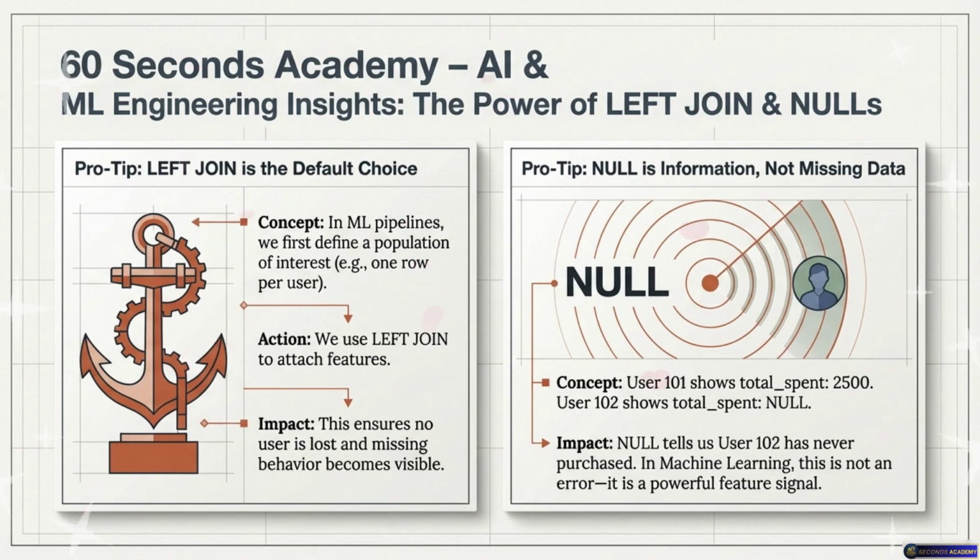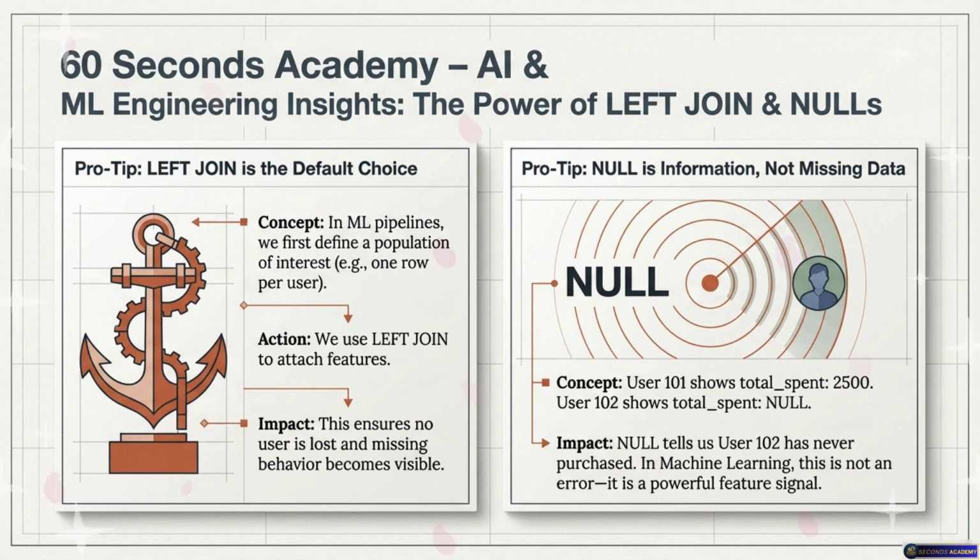If you use an inner join, that user would be gone, and the model would never learn what the behavioral footprint of a non-purchaser even looks like. That makes so much sense. By using a left join and really embracing those NULL values, you feed the model the explicit signal of non-behavior. And then down the line in your pipeline, you'll probably write some Python code to impute those NULLs, right? Yeah. Like maybe replacing them with zeros before the final training step. Exactly.